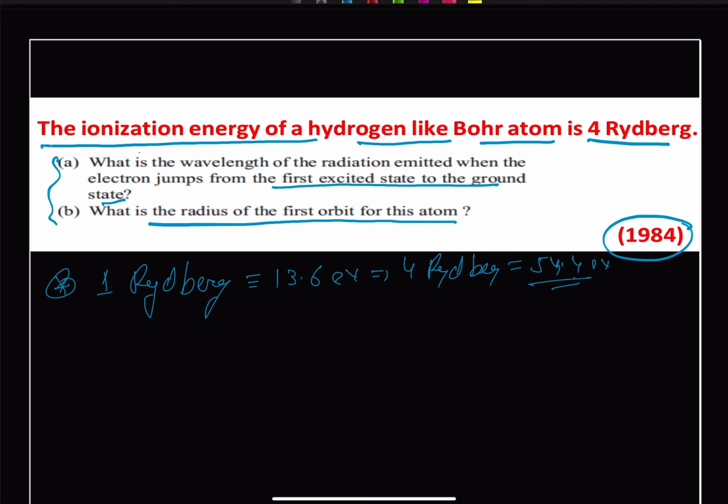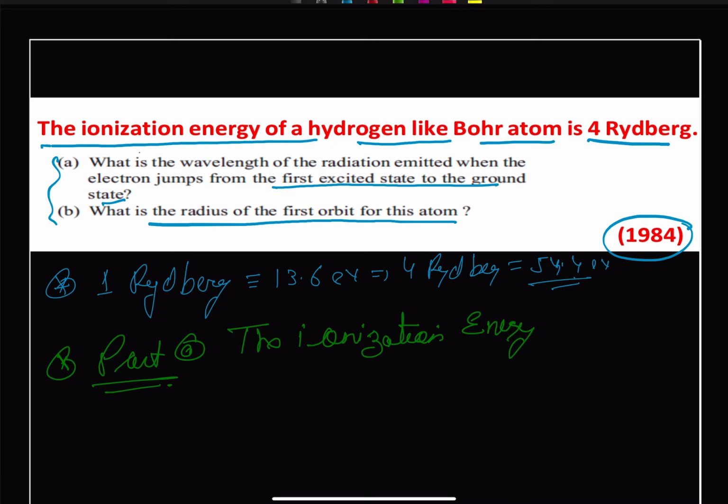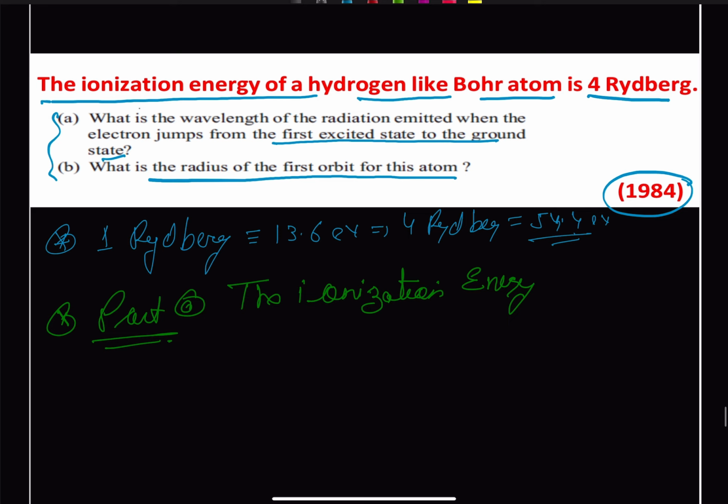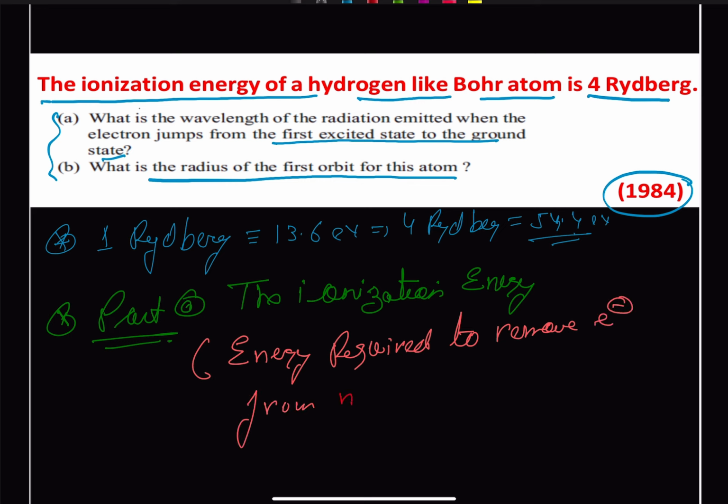So first of all, we are going to find out the wavelength. So our part A. We know that the ionization energy basically means the energy required to remove an electron from n equal to 1.